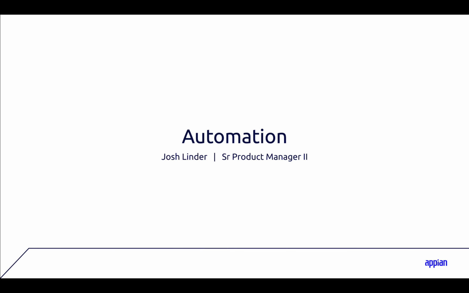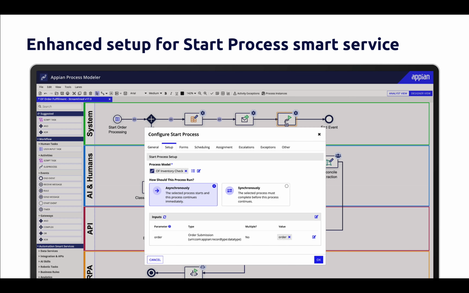Starting with process modeler updates. Rendering your complex workflows as process models is now even easier with the updated Start Process Smart Service. We've enhanced the Setup tab to make it easier to configure inputs and outputs, as well as the ability to start processes synchronously.